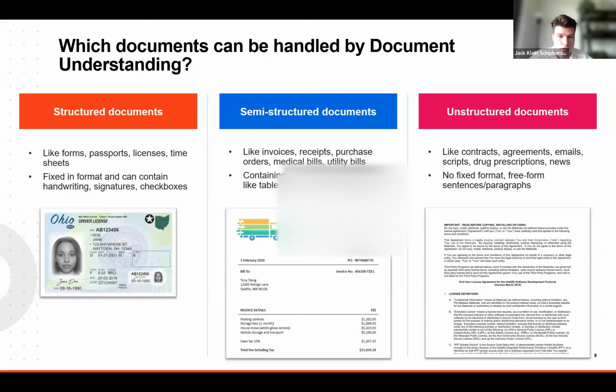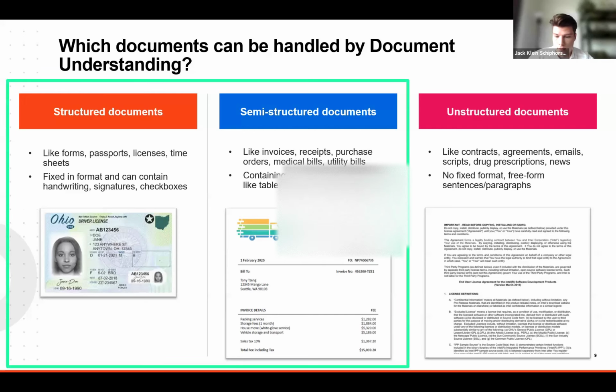Examples are invoices, receipts, purchase orders, medical bills, etc. And then the last type are unstructured documents, which are the hardest type of documents for a robot to process because they have no layout at all. The text they contain is free form, so that's very hard to automate. Today, we're going to mainly focus on the structured documents and the semi-structured documents.